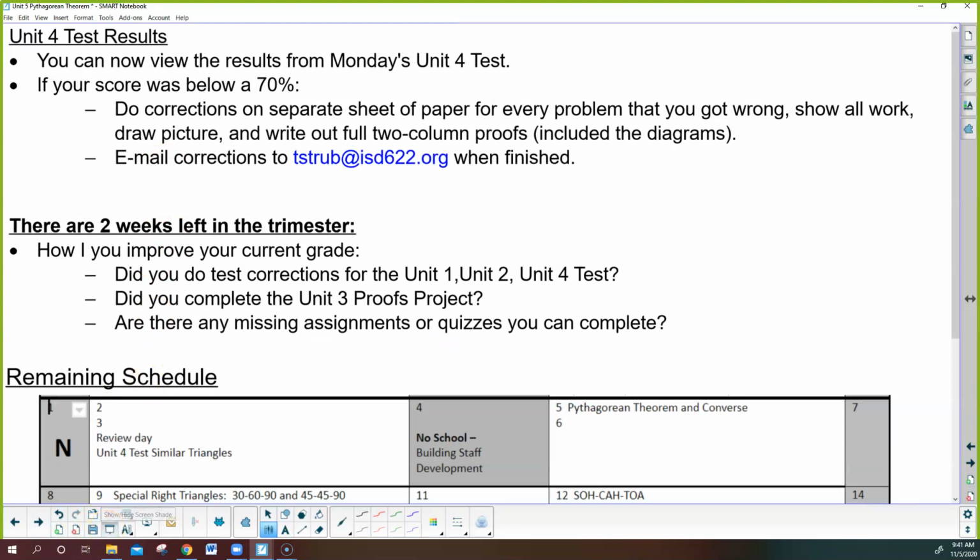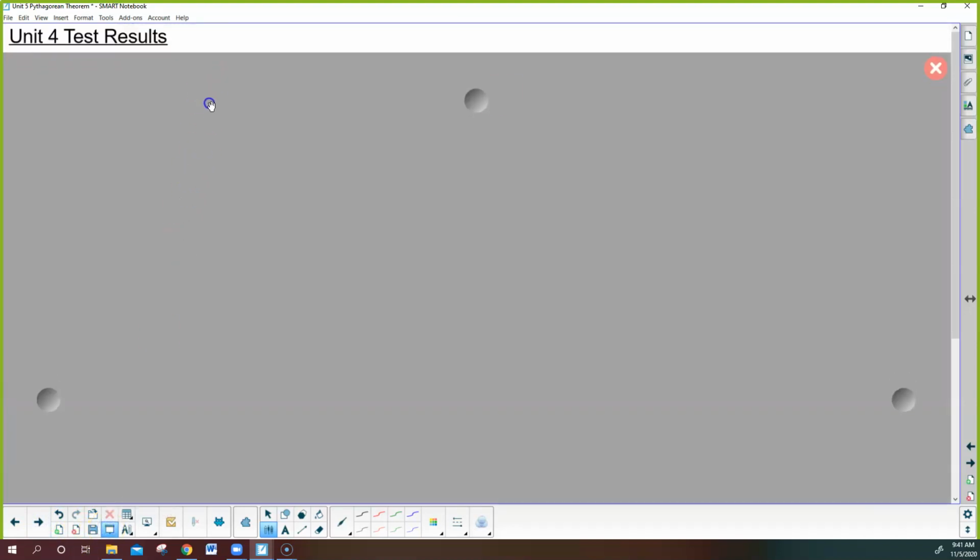All right. So here's what we got. I just allowed you to view the results from your Chapter 4 test, your Unit 4 test. I graded those. I can't remember if it was Monday night, Tuesday night, but I went through and graded those. And I want to share with you how I did the grading so you're just aware of what is going on.